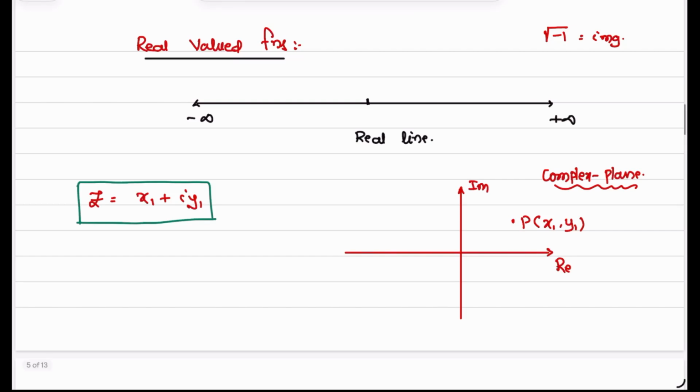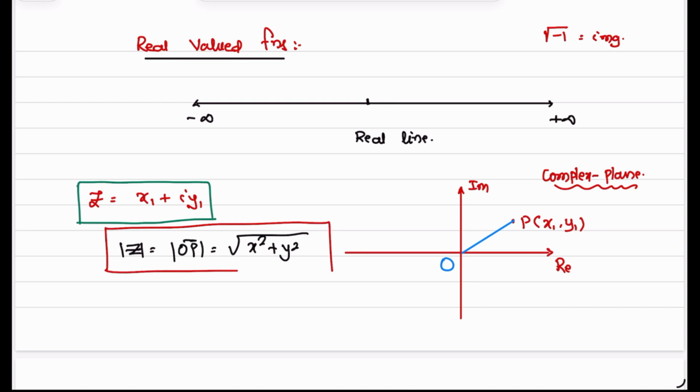And this particular vector from origin to P is like your position vector, which I have explained very well in the complex numbers video and also in the vectors video. This OP is equal to z. Modulus of z is equal to modulus of OP, which is equal to square root of x square plus y square. When a function yields real values, then that function is a real valued function.